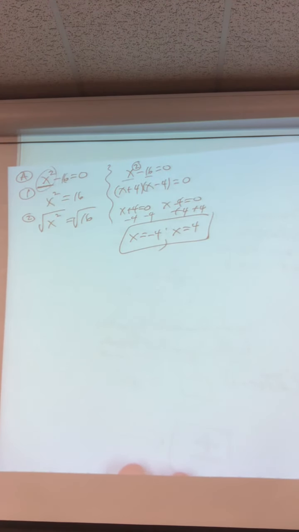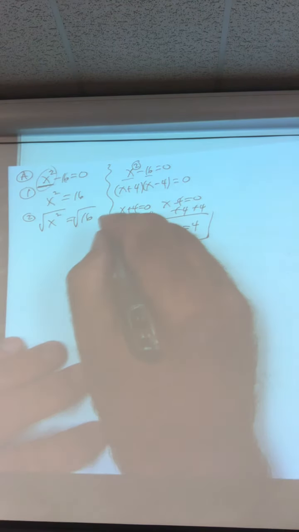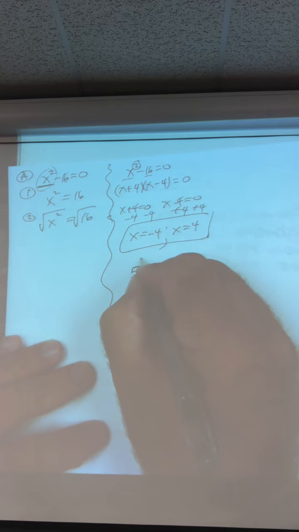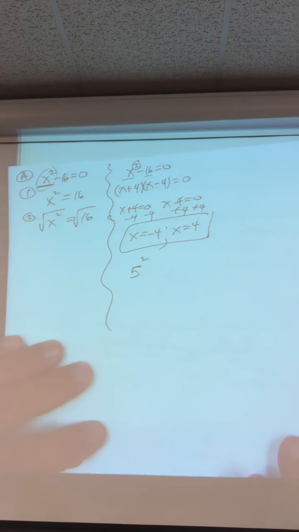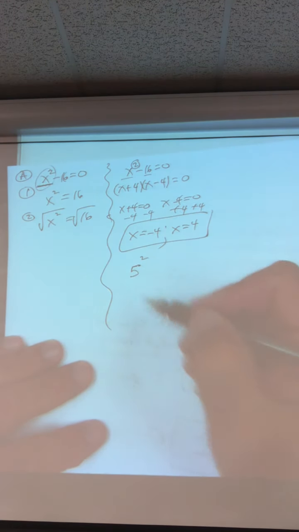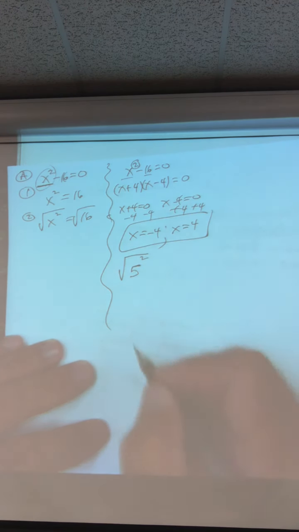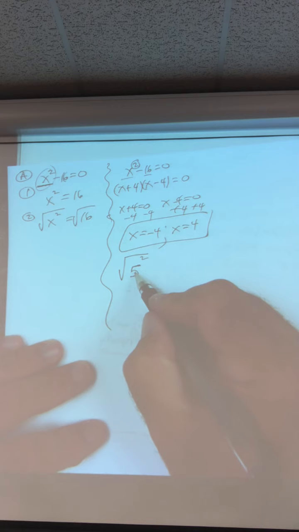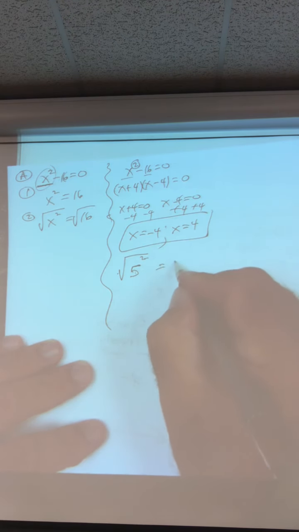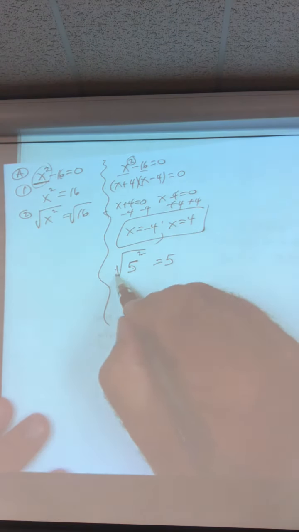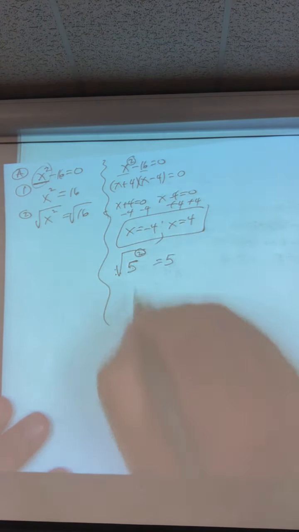Now, why do we do that? Well, let me run a little bit of a rabbit trail right quick with you. Let's suppose I take 5 and I square it. All right, so you tell me, what is 5 squared? That's 25. Now, if I turn right back around and take the square root of it, 5 squared is 25, but the square root of 25 is 5. So, when you take the square root of something squared, what does it do?